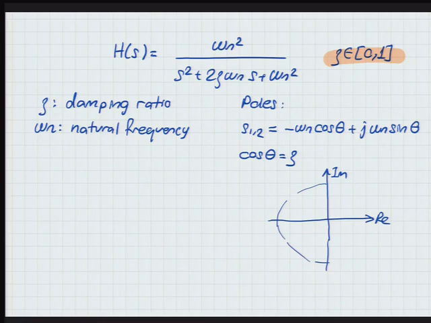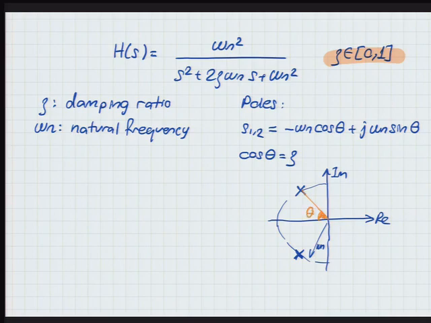And the distance is omega n, okay? So the radius is omega n. And then the poles are complex conjugate, and they are located here. So theta in this picture is this angle. All right?